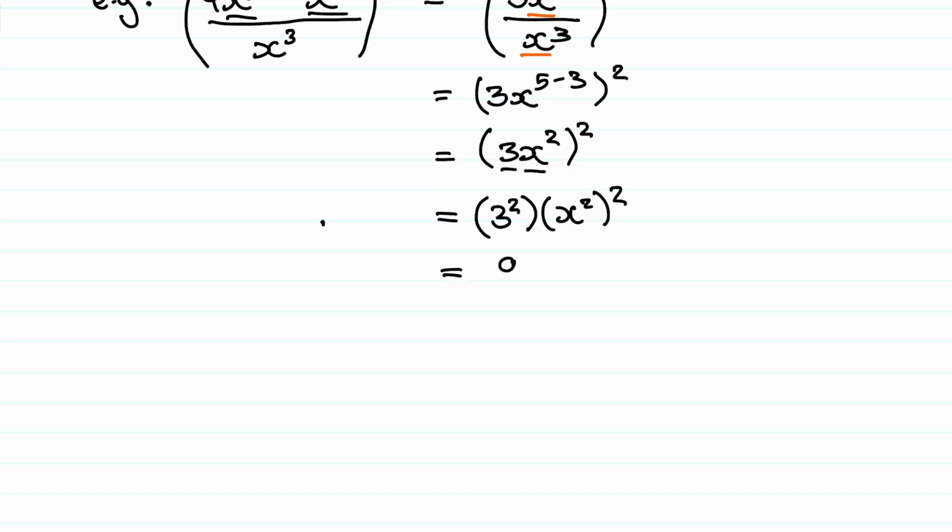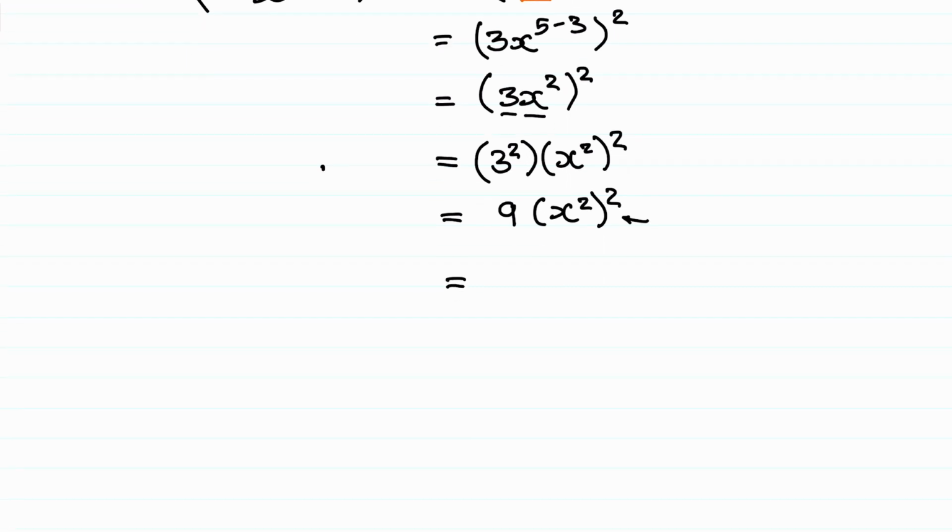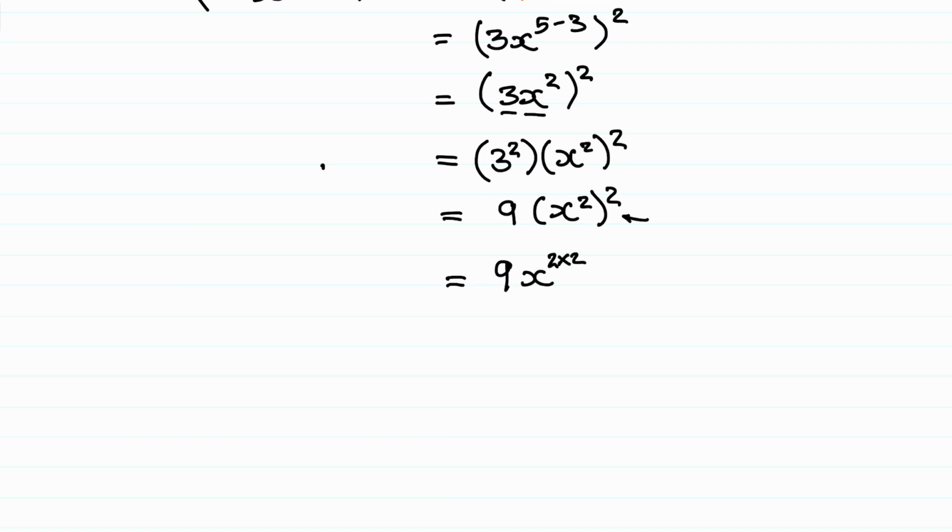So we're going to get 9 lots of x squared, all squared. And then remember here, when we have something raised to the power, and then that whole thing raised to another power, we'd get 9 times x, and then 2 multiplied by 2, or 9 times x to the 4.